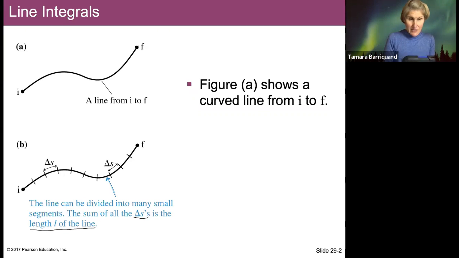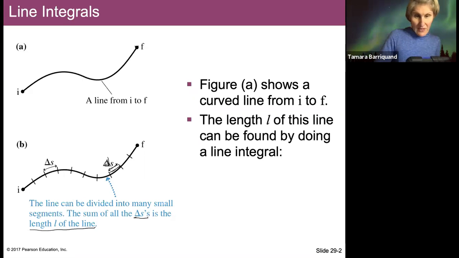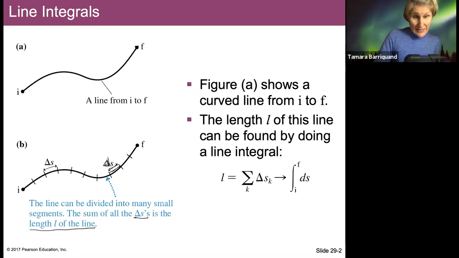So we want to take all these little tiny pieces of delta S and take the sum of them. If we want to find that, we're going to do the line integral.